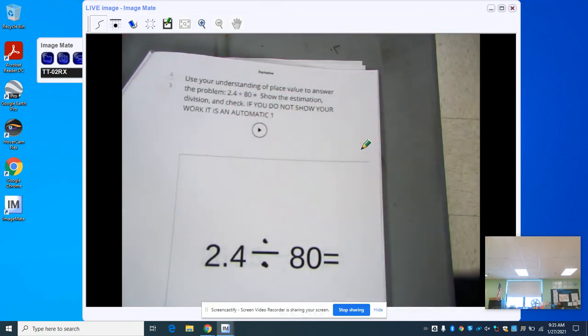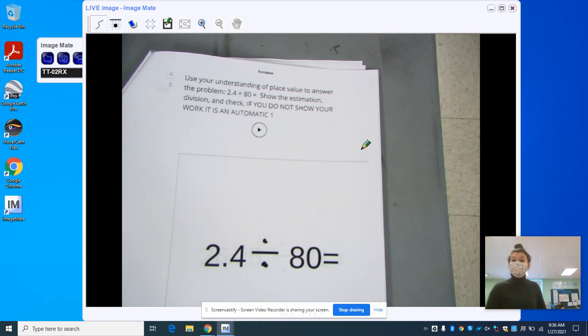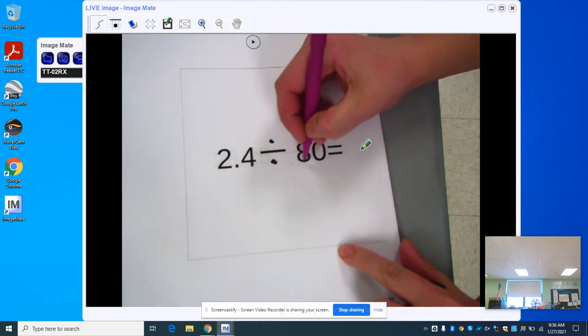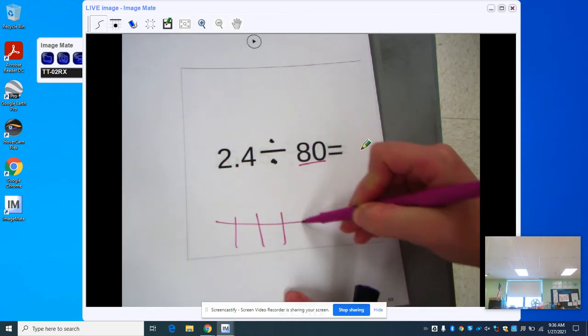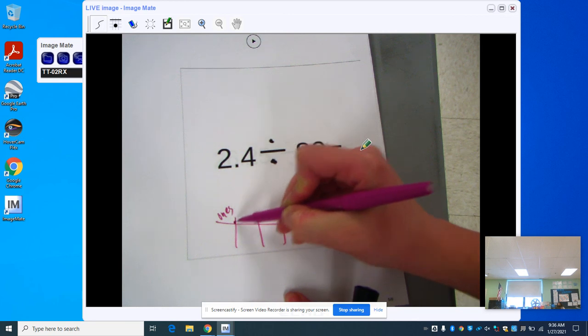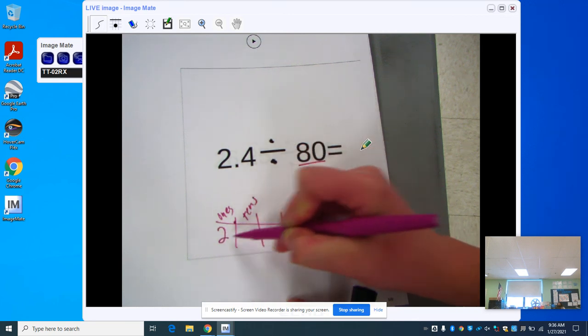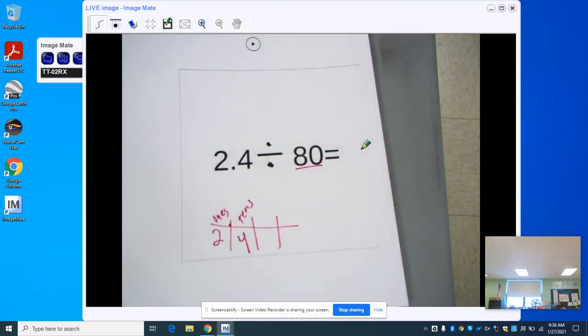Question number 4, we start with division. But oh my gosh, we have an itty bitty number that we are splitting into a big number. So we are taking 2.4 and we are splitting it into 80 groups. That blows my mind. If I put 2.4 in my place value chart, I can say it a different way.